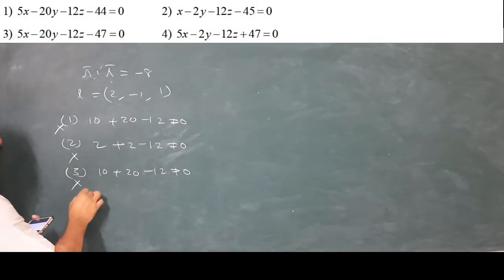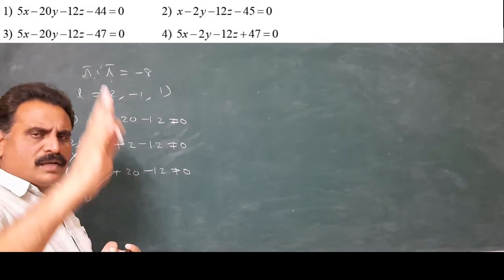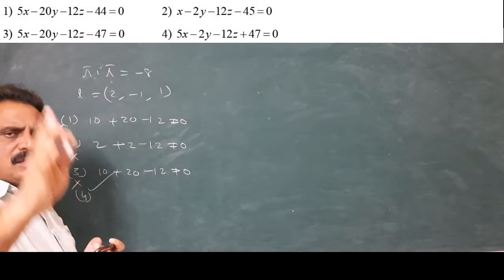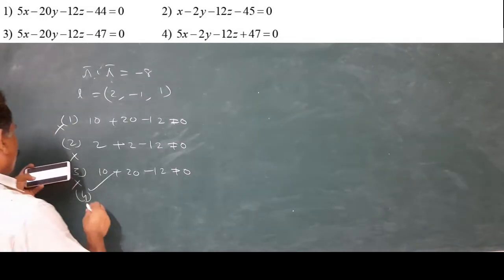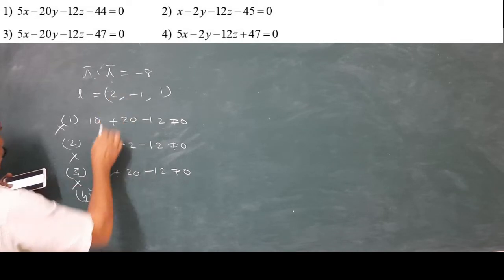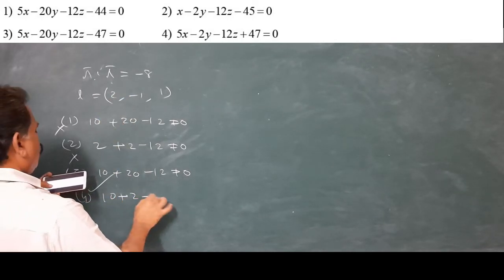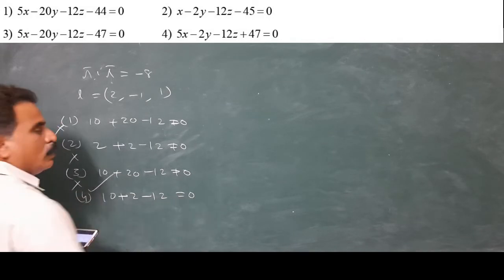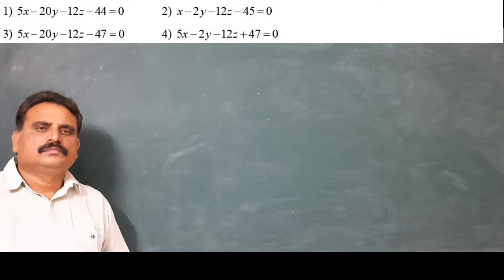Wrong. Fourth option is the right answer. Without verification, if first, second, third do not satisfy that condition, definitely fourth option is correct. You can check that: 10 plus 2 minus 12, clearly that is equal to 0. So fourth option is the correct answer.